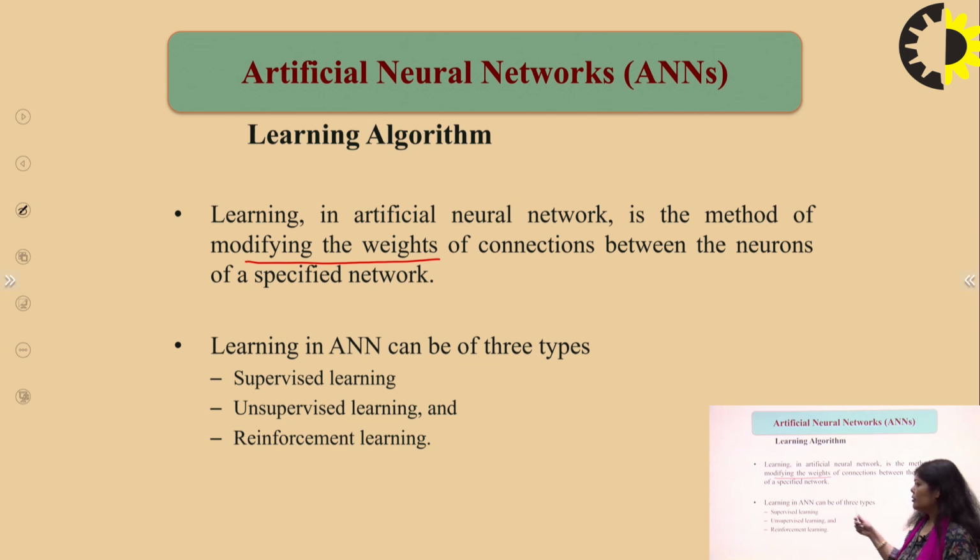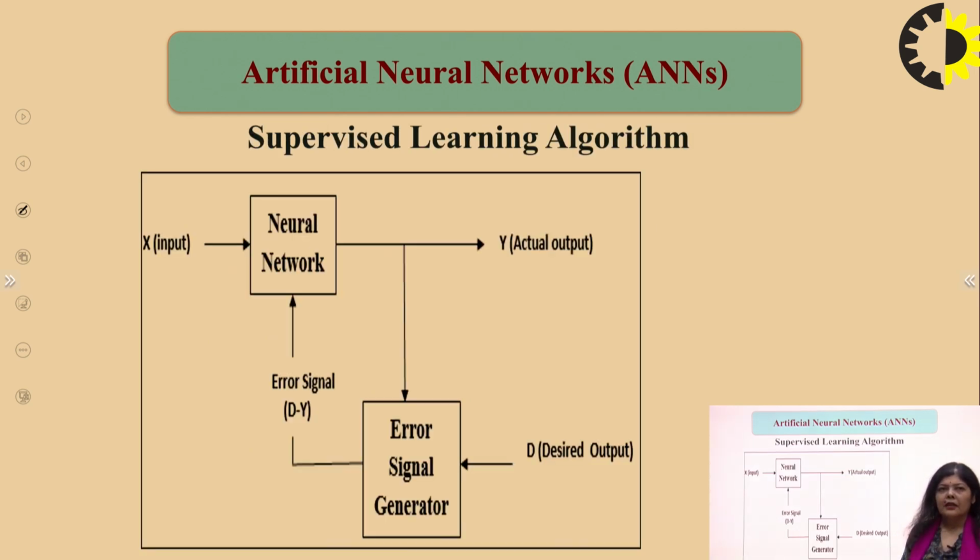If I talk about the types of learning, we have 3 different types of learning algorithms. The learning could be in a supervised mode, an unsupervised mode, or a reinforcement mode. I'm going to discuss the basic difference only very briefly because of time constraints. In the supervised learning model, we are providing the input to the neural network.